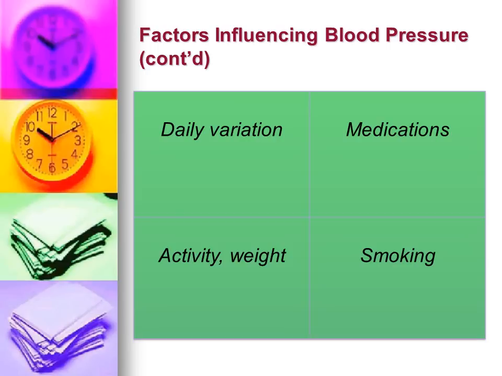Medications will directly or indirectly alter blood pressure. Antihypertensives alter blood pressure directly. Indirectly, opioid analgesics lower blood pressure and volume, and vasoconstrictors raise blood pressures. Activity and weight are directly linked.